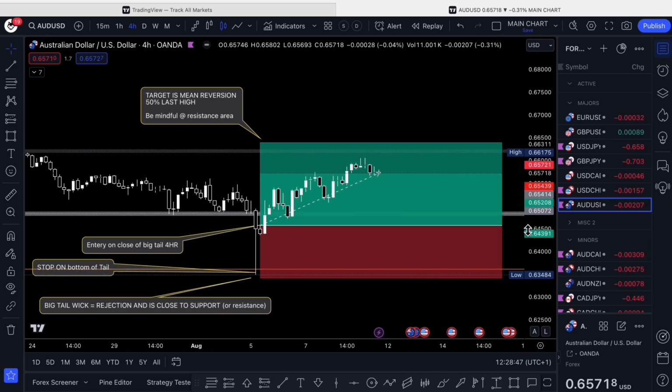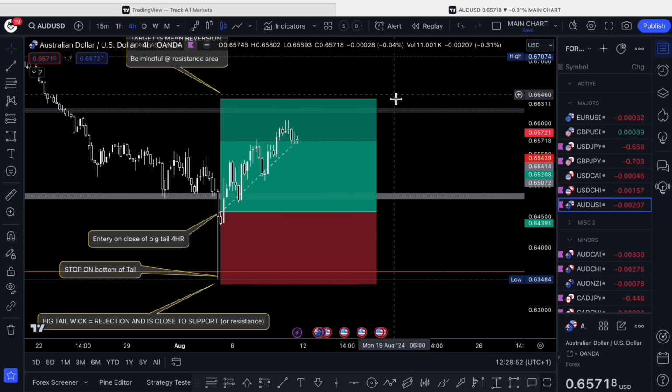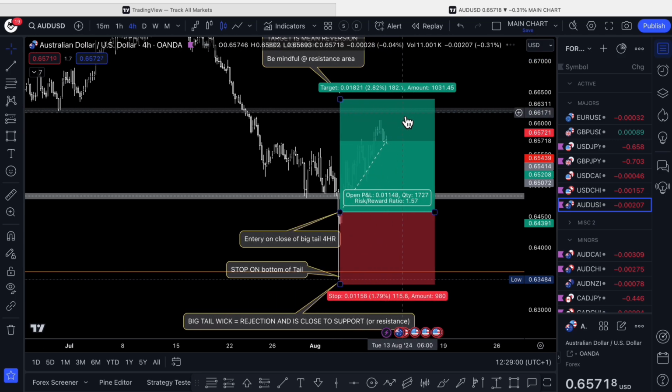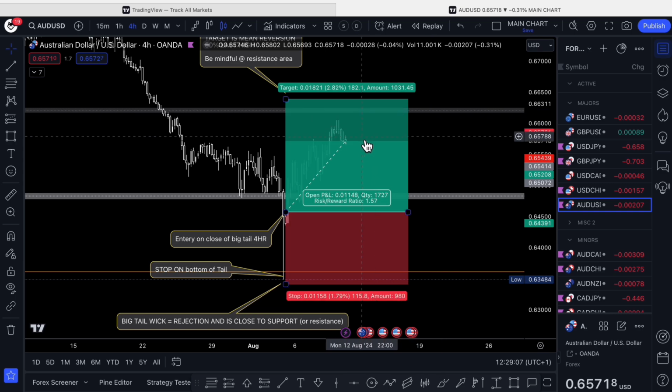Now this is a good example here because you can see that my take profit at the 50% of the mean reversion here comes after this area here, which was a previous support. So this previous support may become resistance and the market may bounce at this zone.